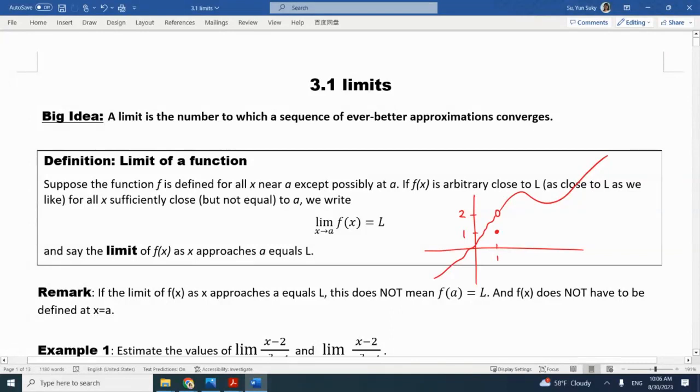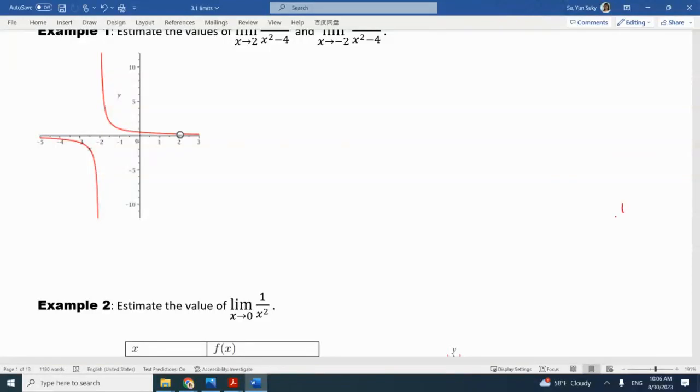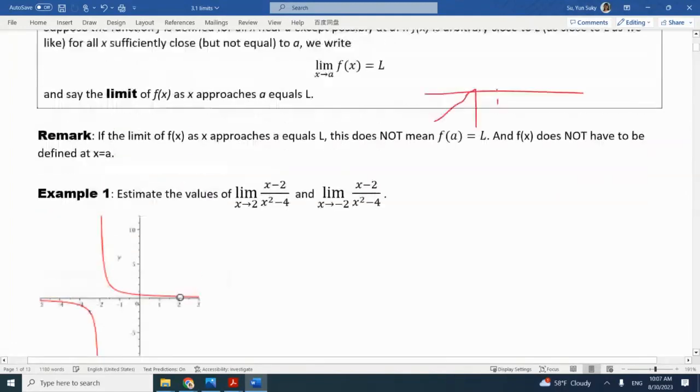So the point is right here. This is f. f of 1 is what? 1 is the solid point, right, everybody? So f of 1 is 1.